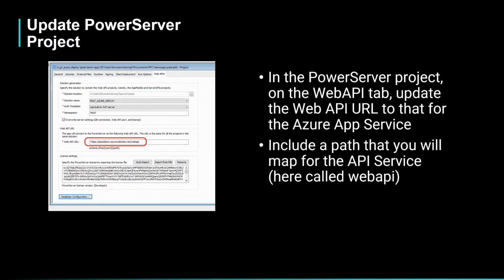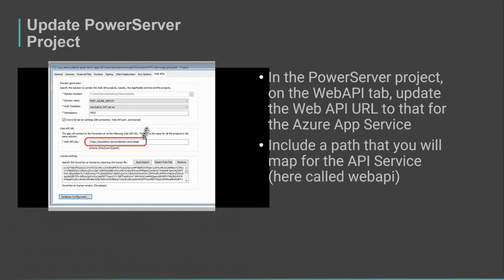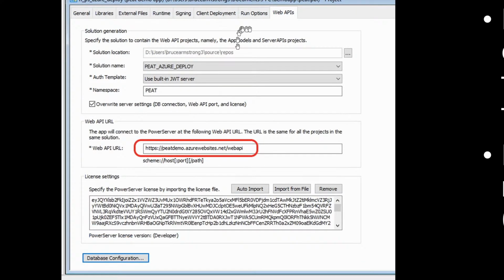Okay. The other thing we need to change in the Web API tab is the Web API URL. The way I'm going to deploy this is that I'm going to have the root of my app service, which is going to just be pdemo.azurewebsites.net, and I'm going to have 3 paths underneath there.